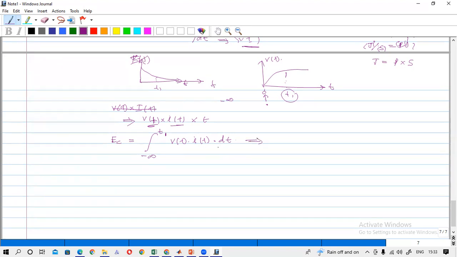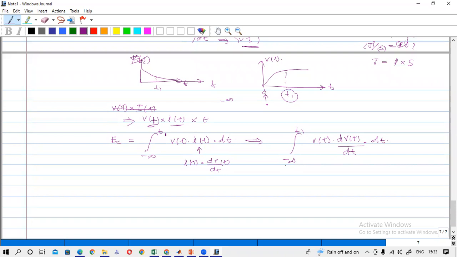So you can write this I in terms of V again. i(t) is equal to C dv by dt. You can replace this I using this expression, so you will get the integral from minus infinity to T1 of v(t) dv(t) by dt, and dt.